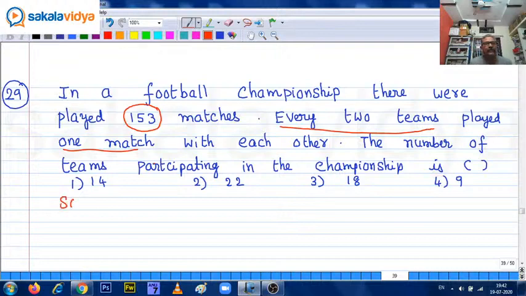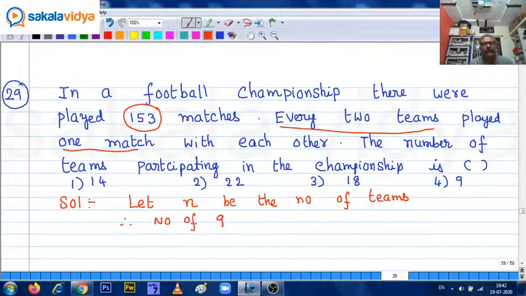So write down the solution. Let n be the number of teams participated in the championship. Therefore number of games played is equal to 153, given.